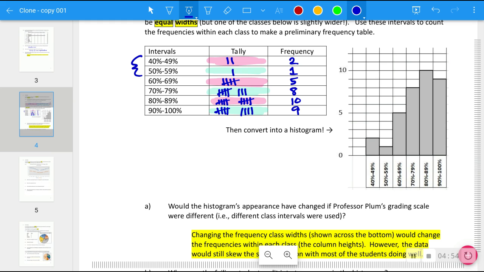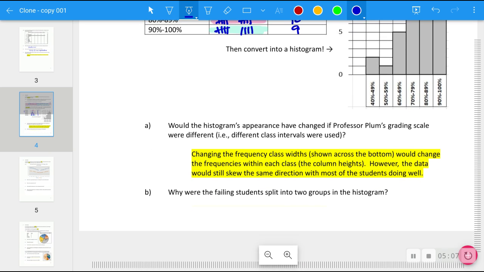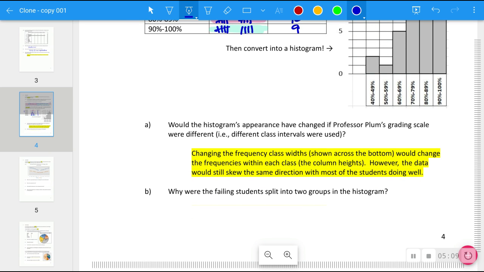So I can't just lump the people that got 50s with the people that got 40s because I have to keep my intervals at 10 apiece. So even though we don't normally distinguish between an F and an F plus, in this case we do. We don't lump these together because that would make an interval that's 20 percentage points wide instead of 10.